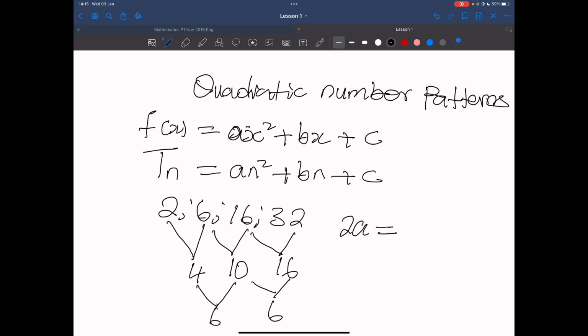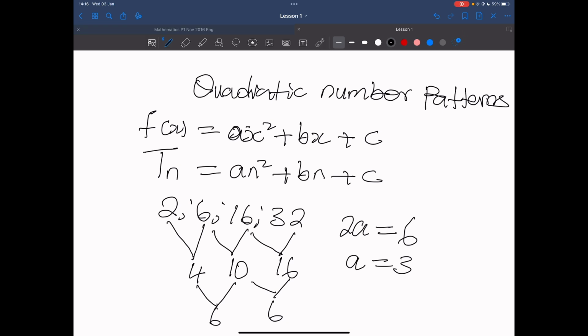So 2a remains always 2a because it's the second common difference. In this case our second common difference is 6. So we say 2a equals 6. Then we divide out, and we get the value of a, which is 3 in this case.